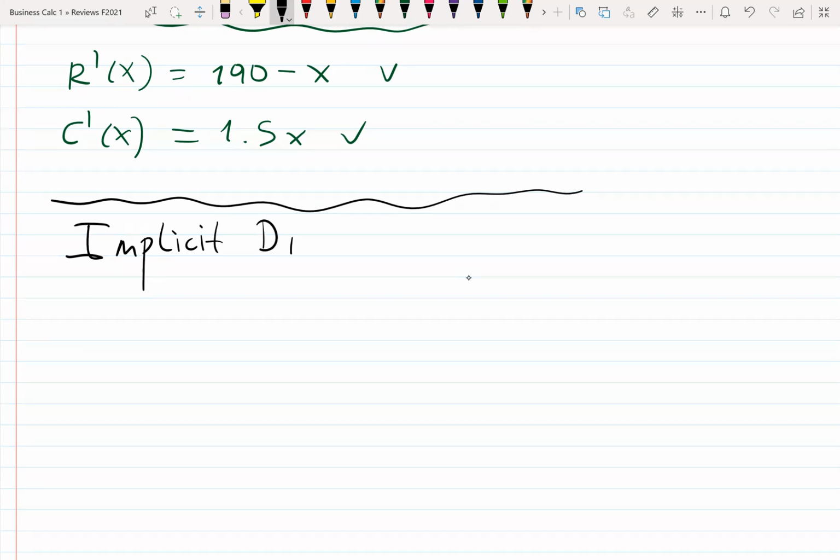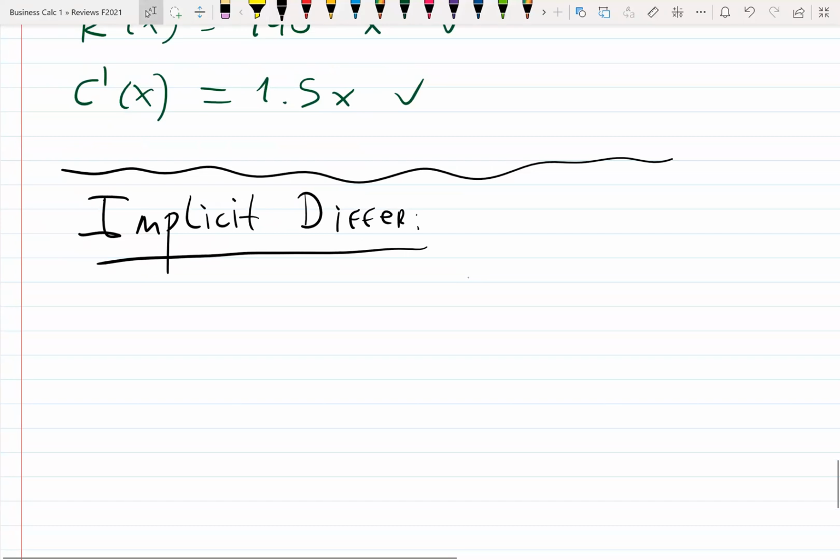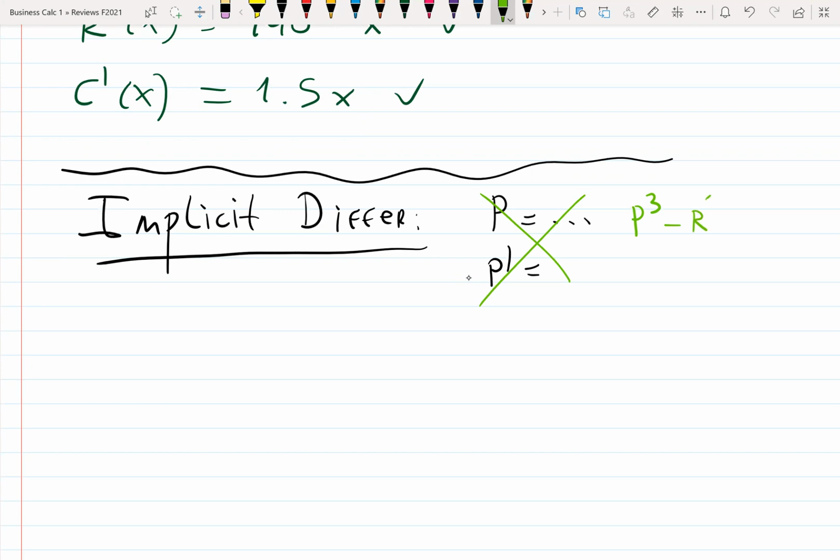Implicit differentiation is happening when you don't have a nicely written function. For example, for profit, we had a profit function, so we could find P prime. Well, what if we don't have profit function equals blah, blah, blah? What if the profit function is hidden, like P cubed minus R squared minus x squared equals 13x?